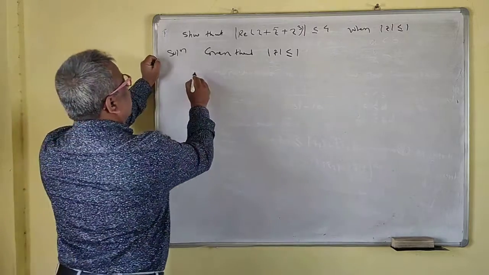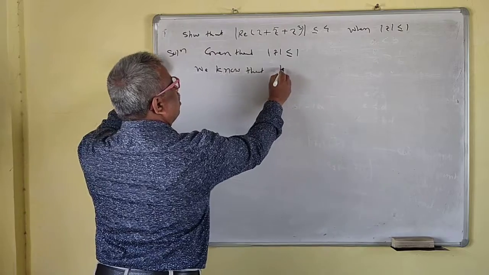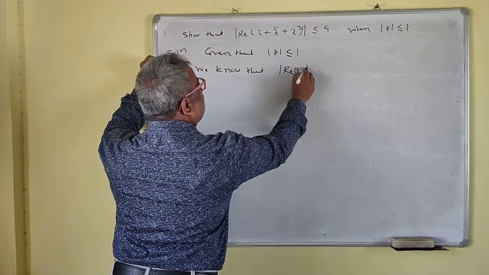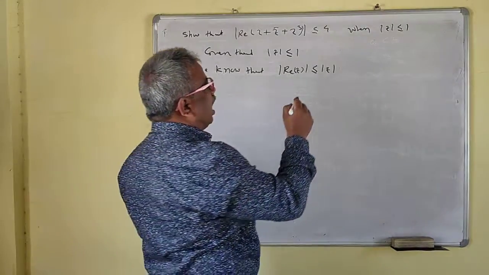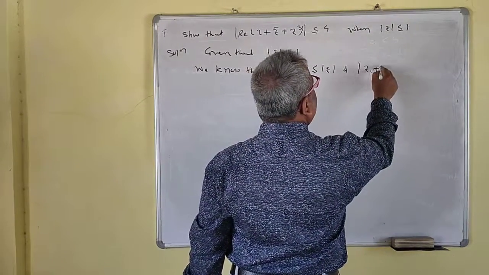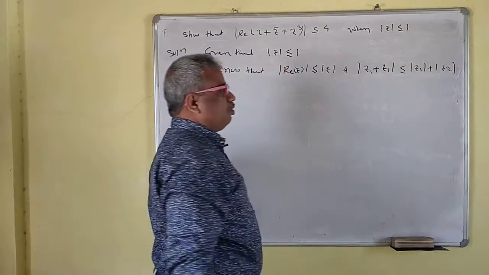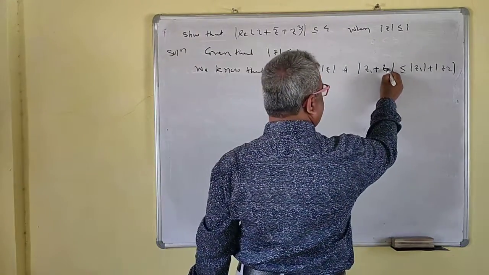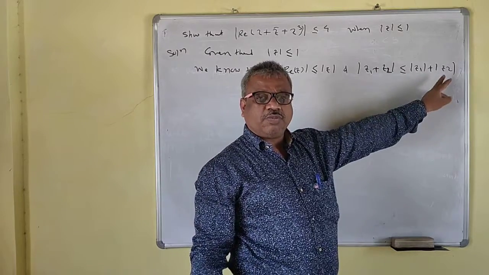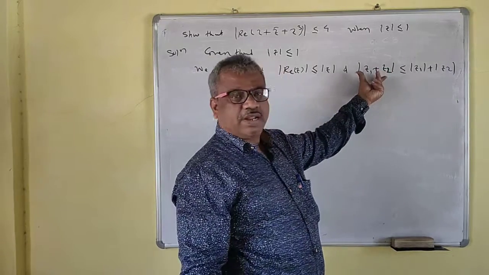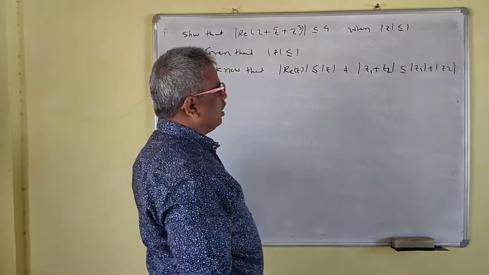We know that mod of the real part of z is less than or equal to mod z, and we also know that mod of z1 plus z2 is less than or equal to mod z1 plus mod z2. If z1 plus z2 plus z3 is there, then it is mod of z1 plus mod of z2 plus mod of z3. If there are 50 terms, you have to take the mod of each complex number separately.